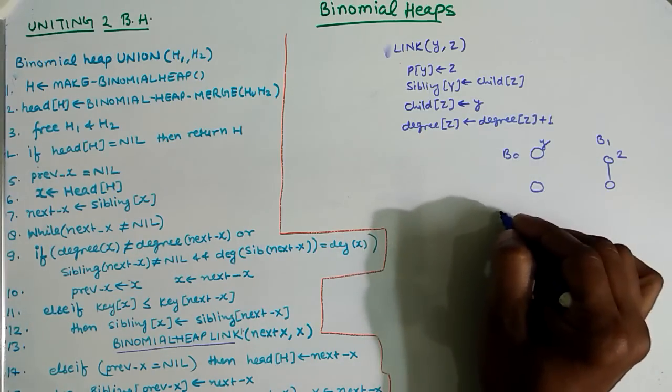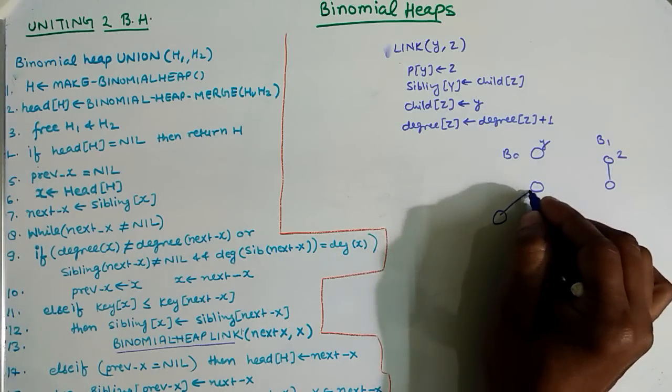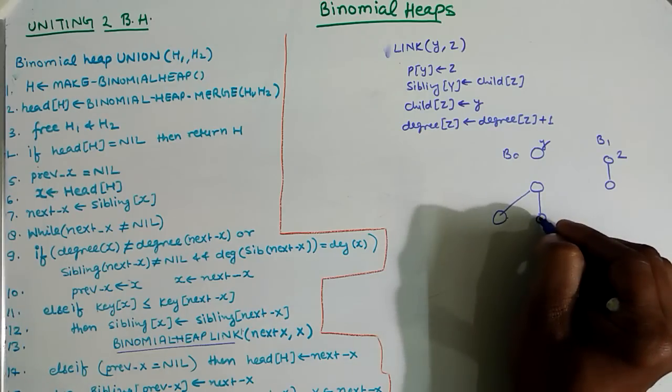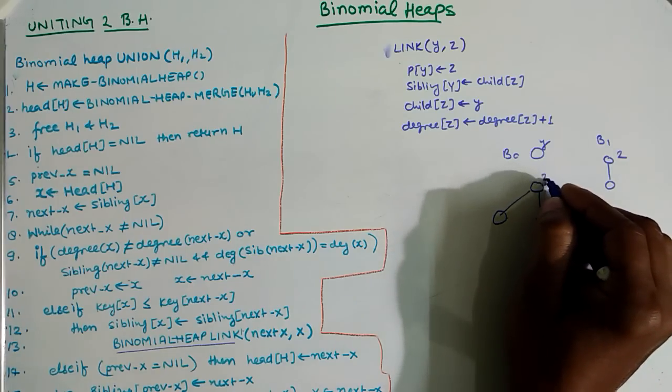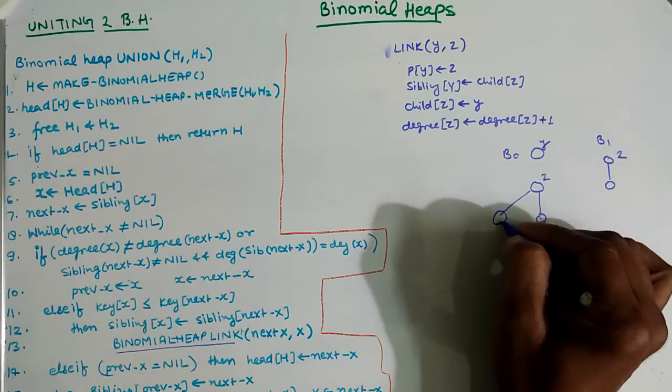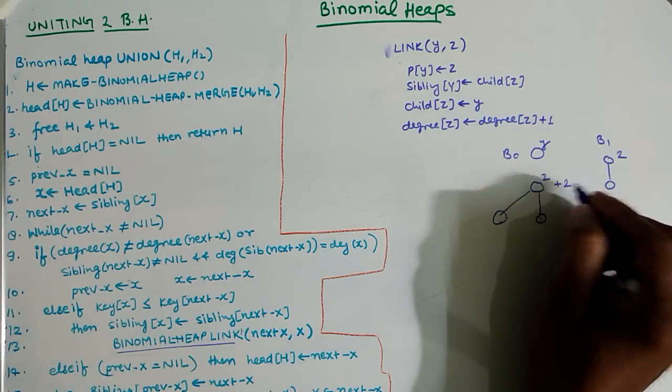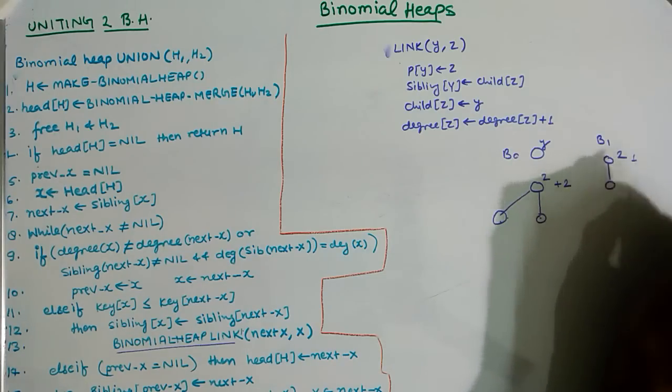So the parent pointer of this will be updated, and the sibling of y would be the child of z. This is z, the child of z would be y, and the degree of z would be increased by 1. So here it is 2, here it is 1.